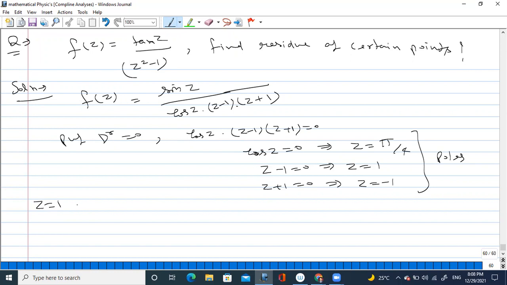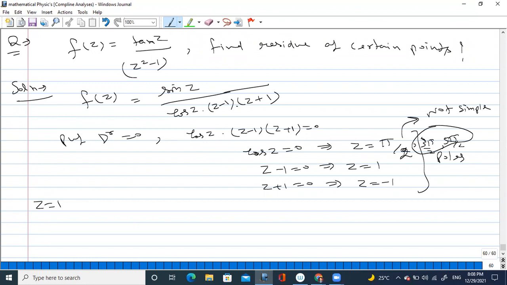Sir, z equal to pi by 2 only, no? Pi by 4, sorry. But remember, here so many poles are there. 3 pi by 2 also, 5 pi by 2 also, all will give me 0. Understood? I am not taking them, but this pole is not a simple pole.